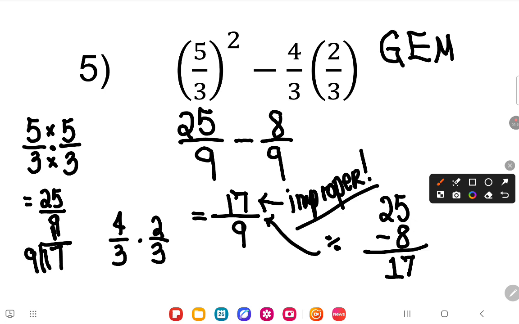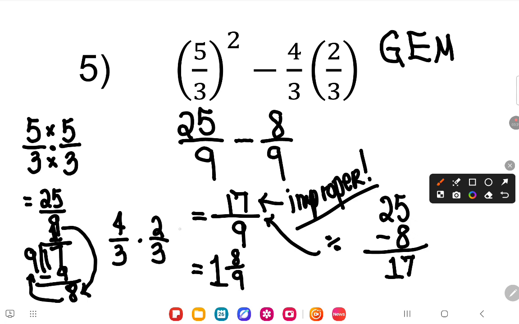Well, it just goes in one time. But I have a remainder. If I take that 9 away from 17, I get 8. And so that's the portion that stays in a fraction. We have 1 whole, and then we have 8 left that we haven't divided by 9 yet, or 1 and 8 ninths. And again, these two answers are totally exactly the same.